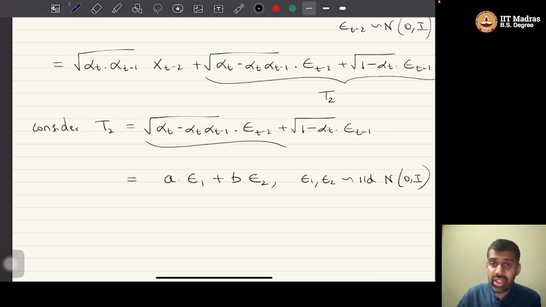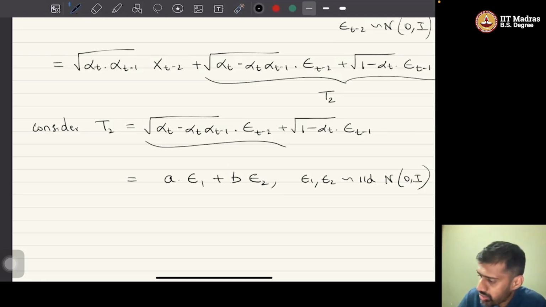From the property of Gaussian distributions, we know that if you combine two Gaussian random variables with 0 means and unit variance, you are going to get another random variable that is Gaussian with a particular mean and particular variance.